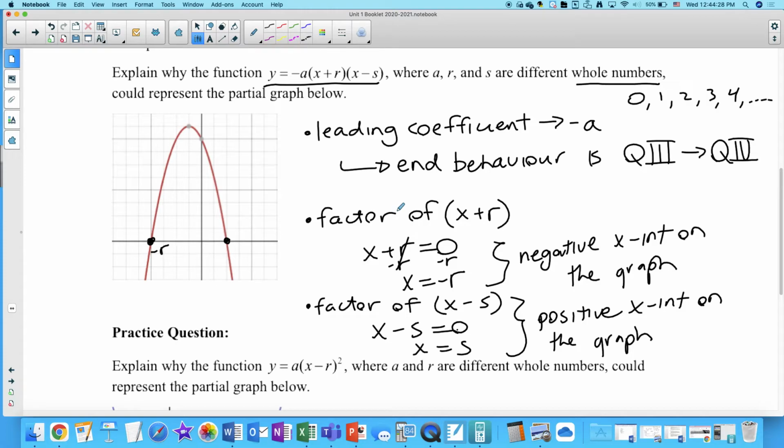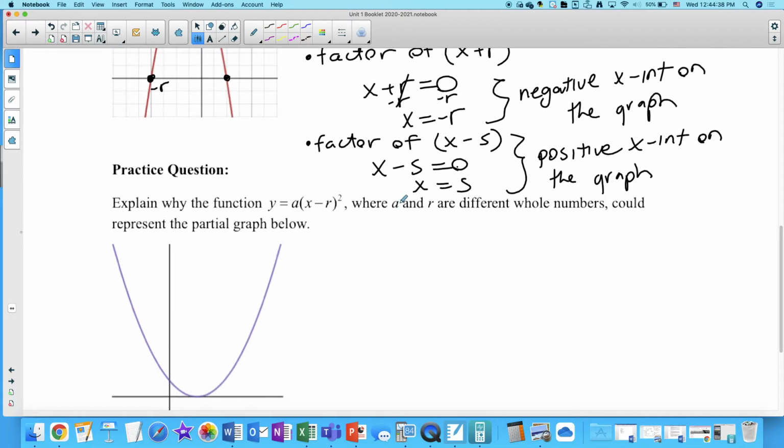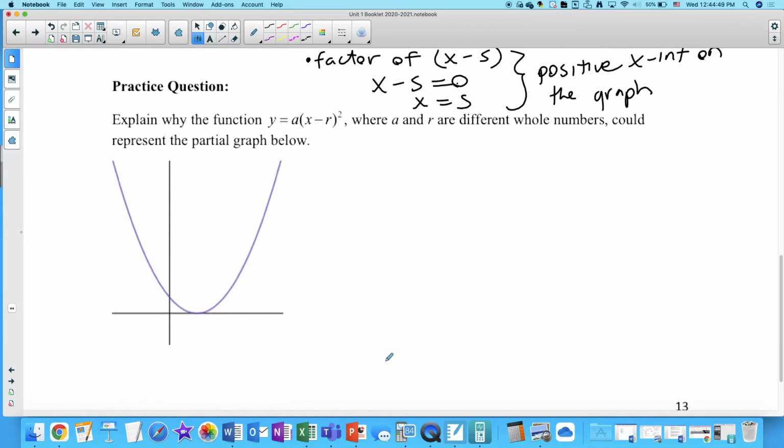Okay, here's another example. Explain why the function y equals a times x minus r squared, where a and r are different whole numbers, could represent this partial graph below. Okay, now there's something that you need to know about x-intercepts. And that is that you can have a single x-intercept or something called a double x-intercept.